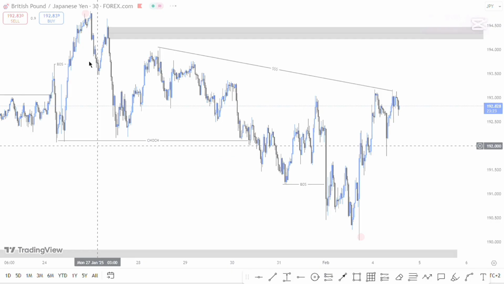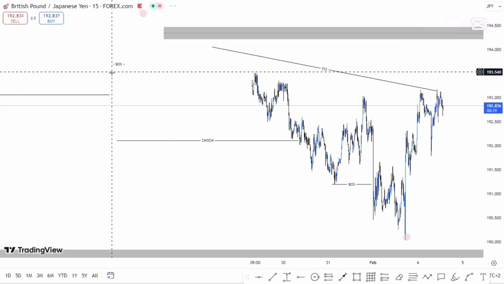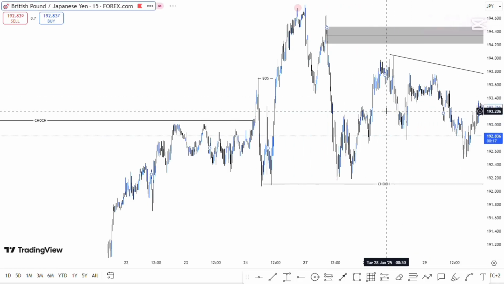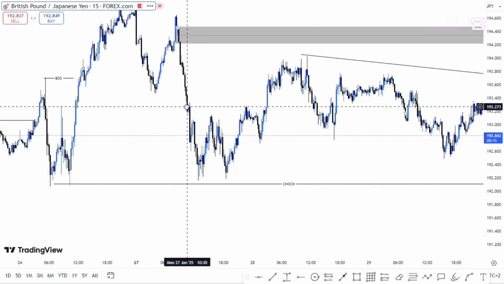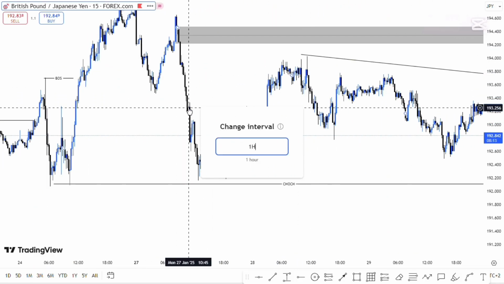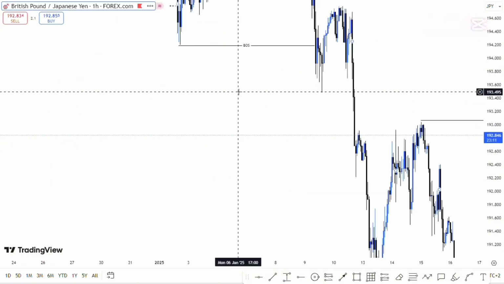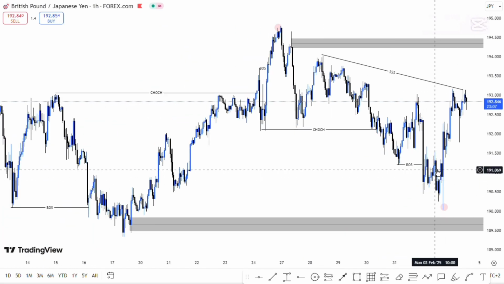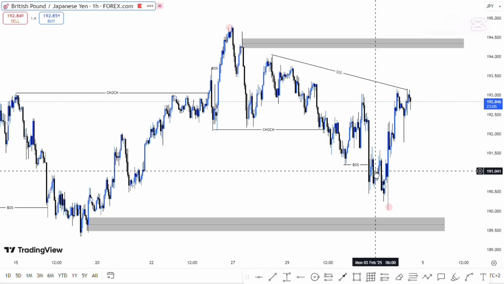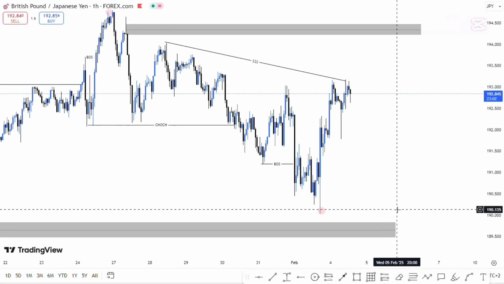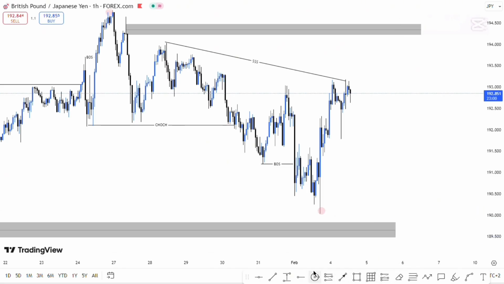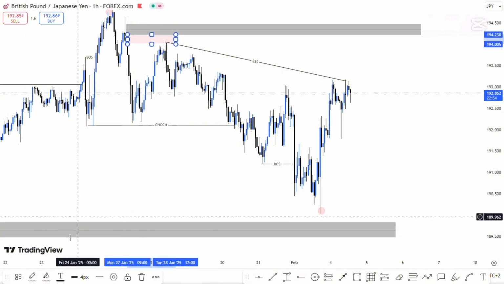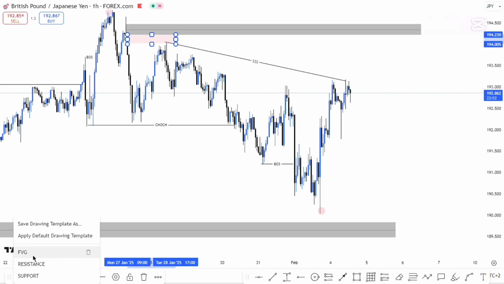Let's adjust to our entry time frame. You can see it's aligning. So now let's move down to 1 hour so that I can clearly select. So now we also have our imbalance, which makes our OB valid.